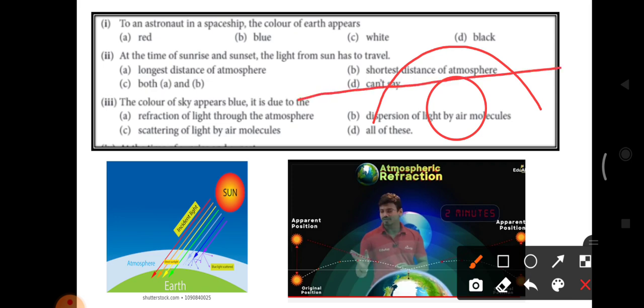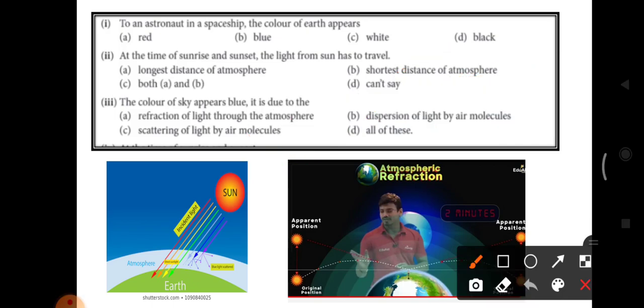When the earth surface and atmosphere meet, this line is called the horizon. During sunrise and sunset, the sun is below the horizon. The sunlight has to travel a longer distance. So at the time of sunrise and sunset, the light from the sun has to travel the longest distance. Option A is the correct answer.